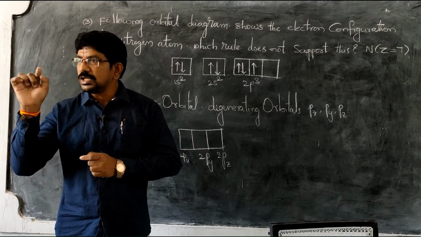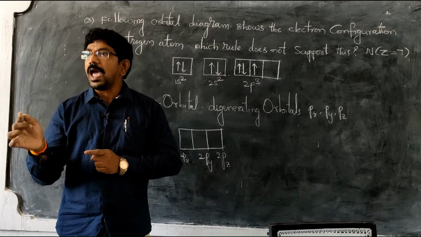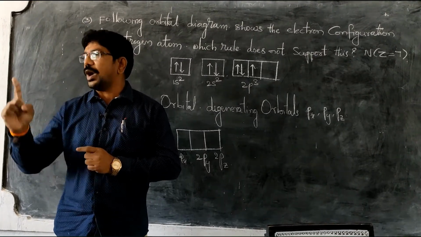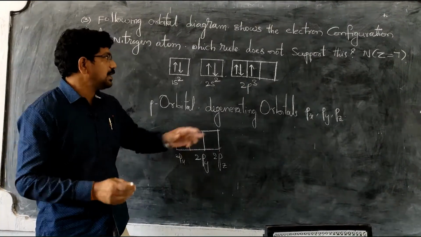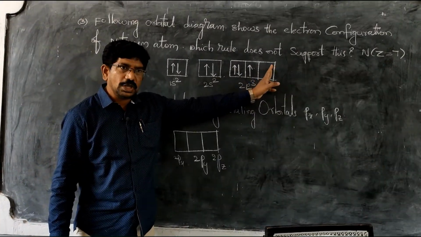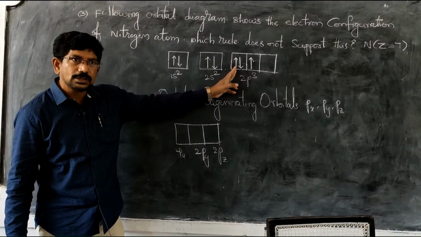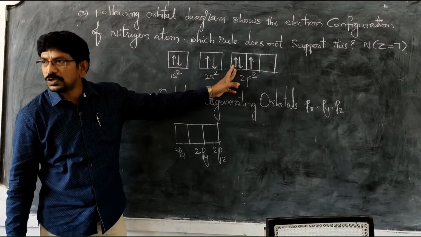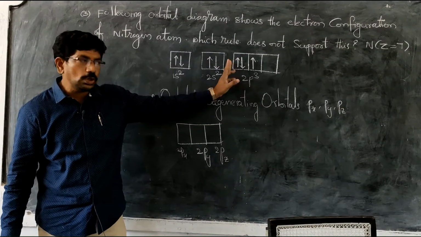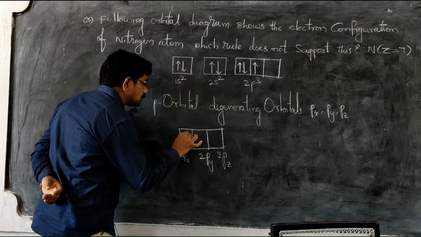Means each degenerate orbital which belongs to the same subshell has to be occupied with one electron each, but here it is violated. Without occupying the pz orbital, it is already paired. So which rule is violated?